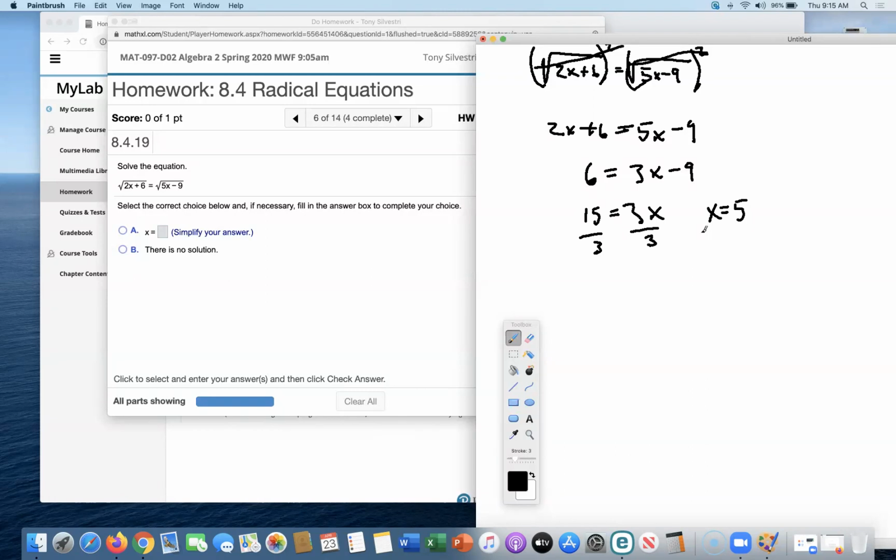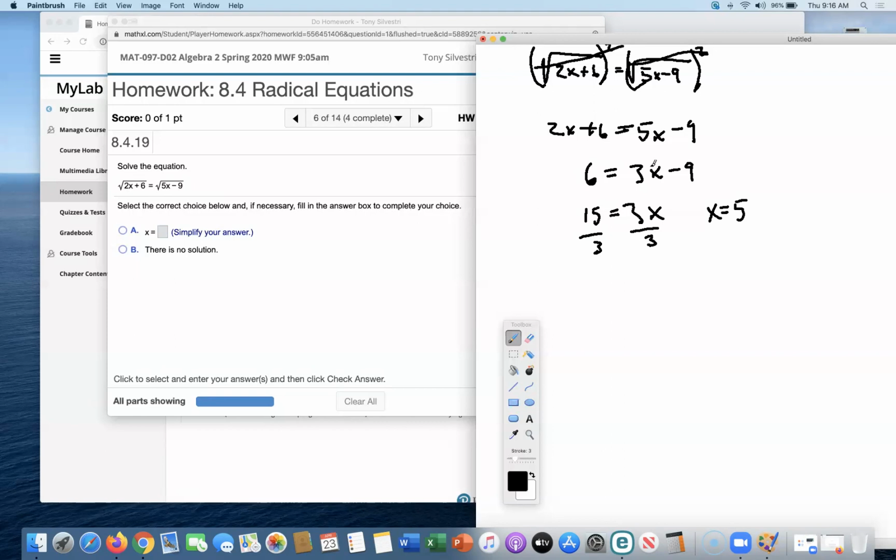It's possible that it could be right, so let's see. You take that 5 and plug it into the original problem. Let's just concentrate on one side. 2 times 5 is 10 plus 6 is 16. Square root of 16.